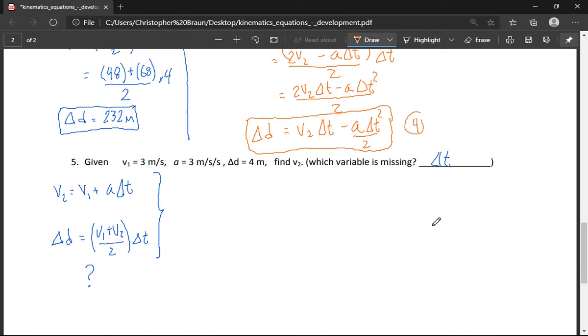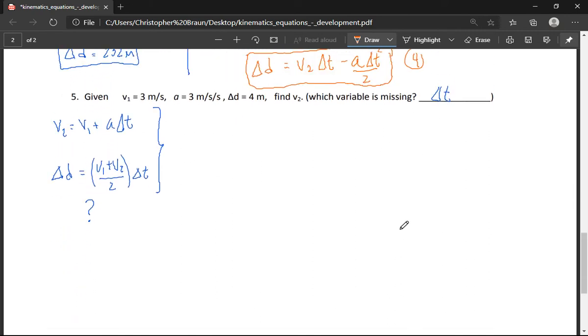Now we'll take a look at the last one, sorry, the fifth one. Okay, so equation number 5. This one people find tricky. In fact, trying to solve for v2 when you don't have the time, but you are given v1, acceleration and distance or displacement, it's tricky because you realize you're like, well, I have this equation, but I only know v1 and acceleration.